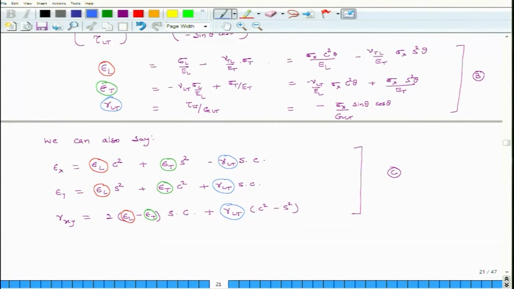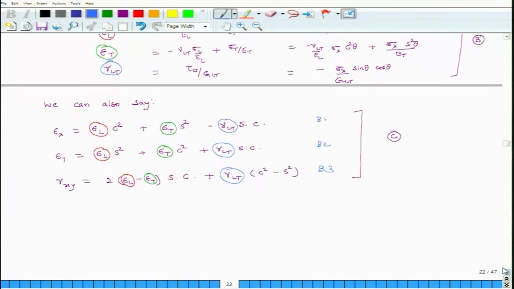So, what I can do here is, let us say this is B1, this is B2 and this is B3. We will just work on B1.